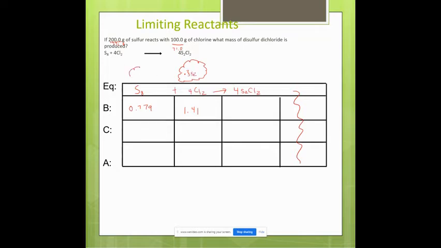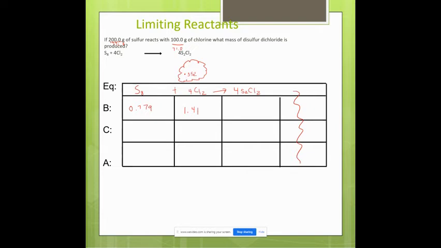And our cloud for our S8 then ends up being, we're going to divide that by 1, so that ends up being 0.779. All right, so since 0.352 is the smaller cloud, we're going to keep our smaller cloud here, and we're going to get rid of our bigger cloud, and this is the number that we're going to be working with for the rest of the time here.